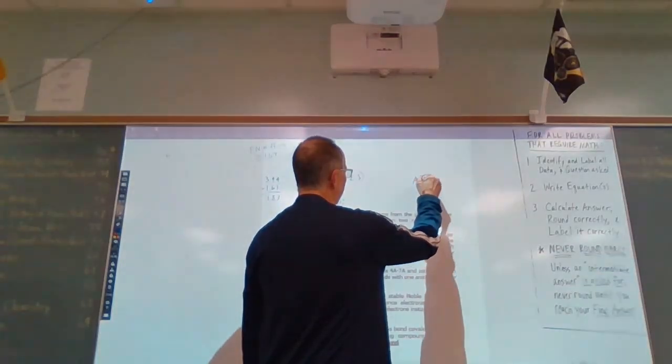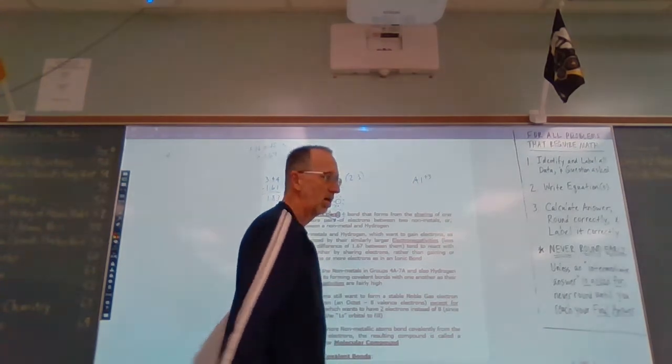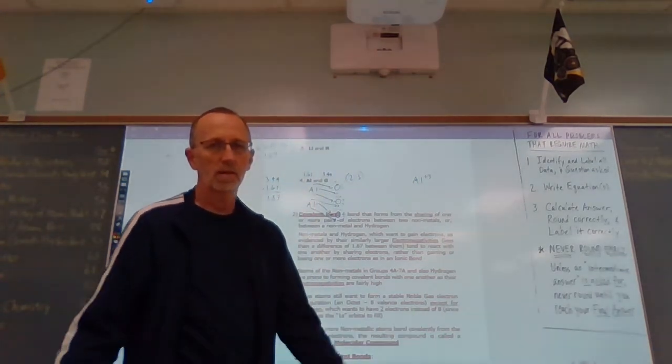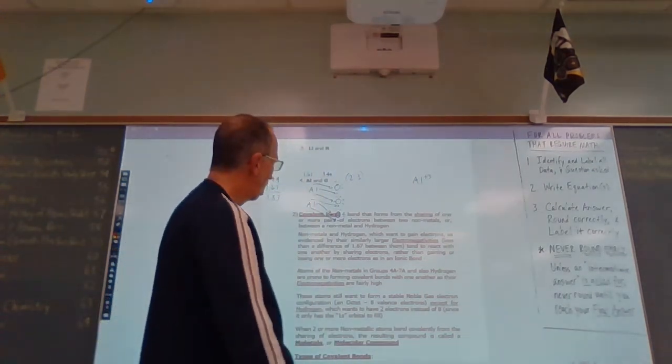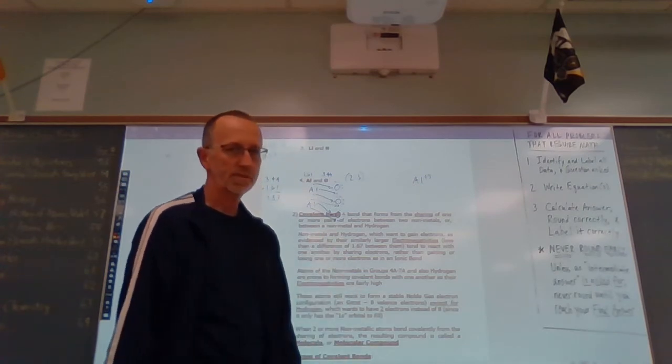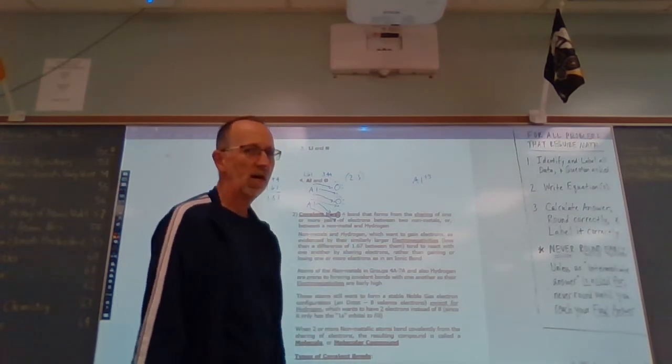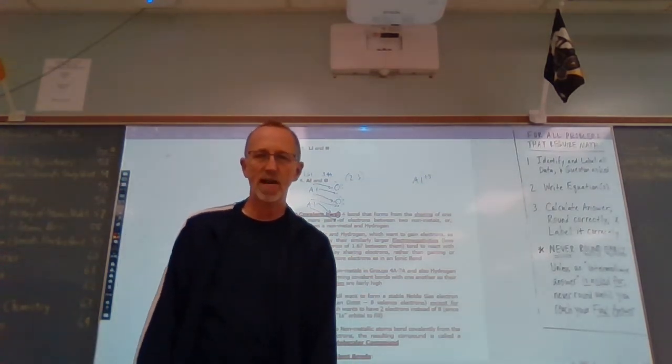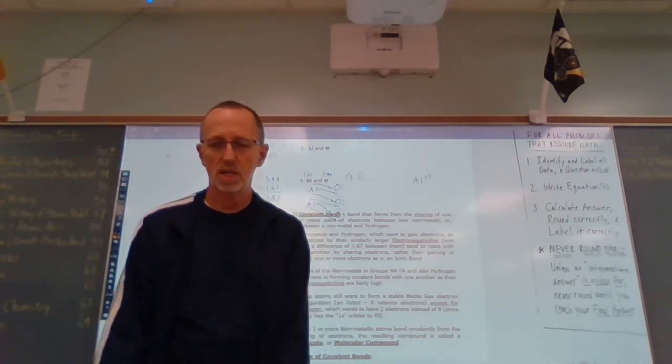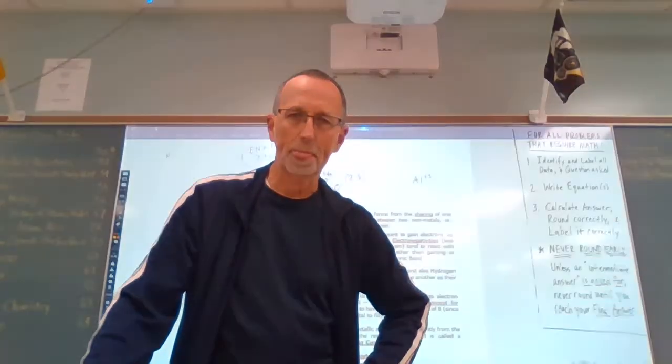Well, we have an aluminum that's got a 3+ charge, and we have 2 of those. And we have 3 O's, all with a 2- charge. So how are you going to write that?